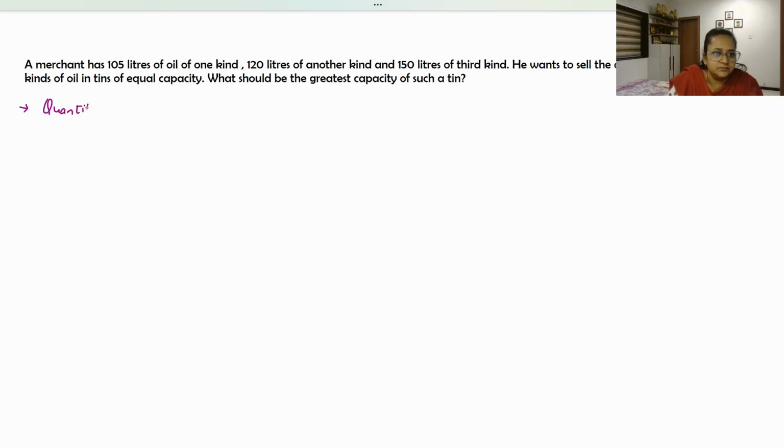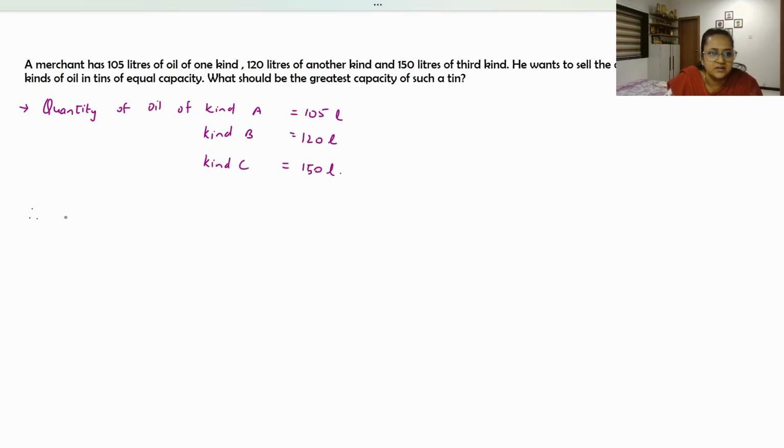So we'll say quantity of oil of first kind, or kind A, is 105 liters, kind B is 120 liters, and kind C is 150 liters.